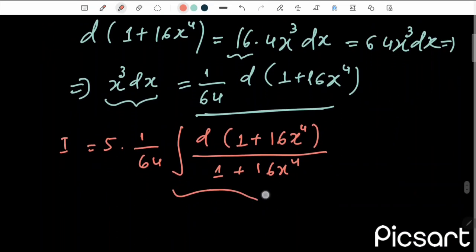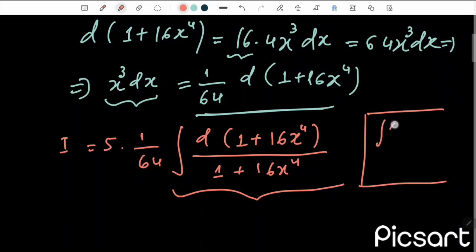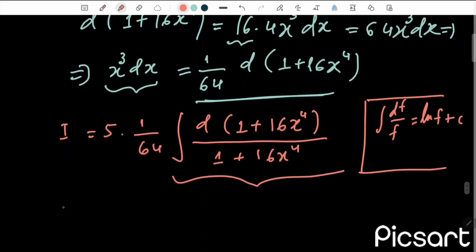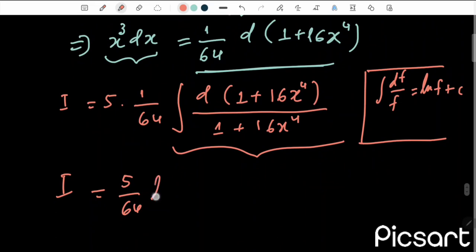Again, this integral has the form df over f, which is equal to ln of f plus c, and we can write our solution as 5 over 64 times ln of 1 plus 16x to the power 4, plus c.